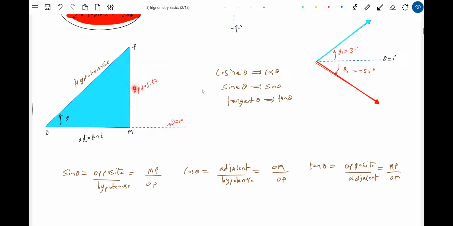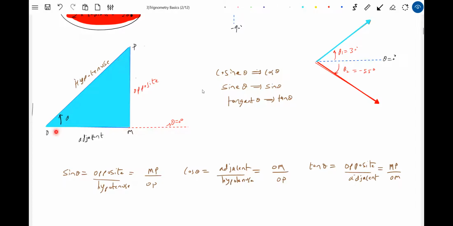So if you define this theta, this will become opposite, this will be adjacent, this will be hypotenuse. Just focus on this. Later on, I'll show other different triangles. Then we define the sine of angle theta as opposite by hypotenuse. What is opposite? MP. What is the hypotenuse? OP.